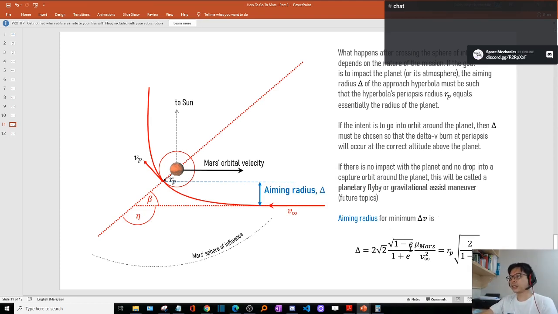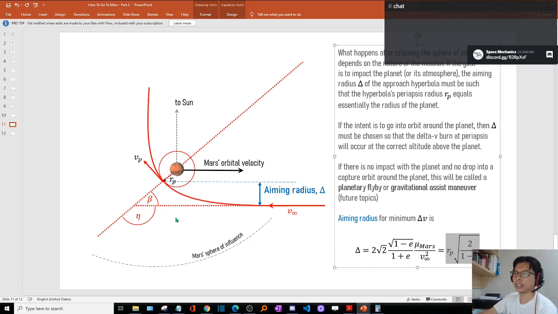So the formula is this or this, whichever you want to use. If you already found RP, then you can use this formula right here. Again, this E is the E of the capture orbit, this orbit here.